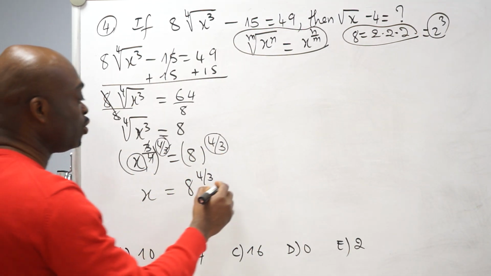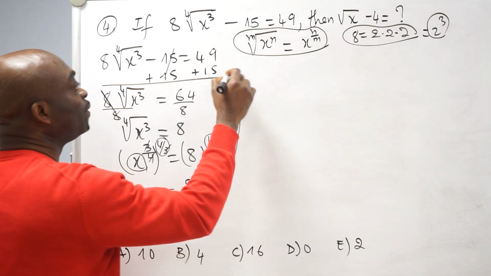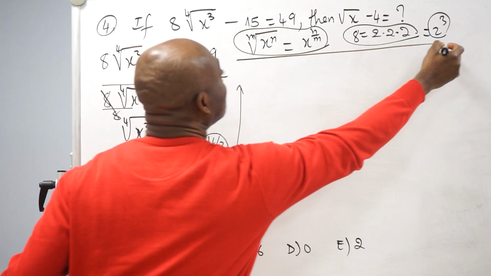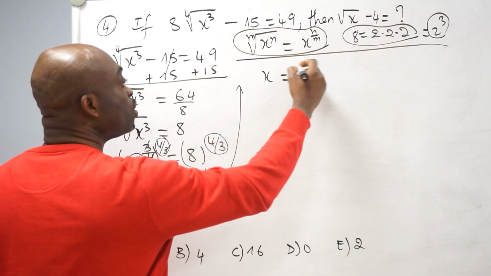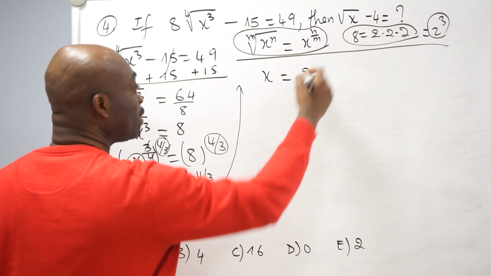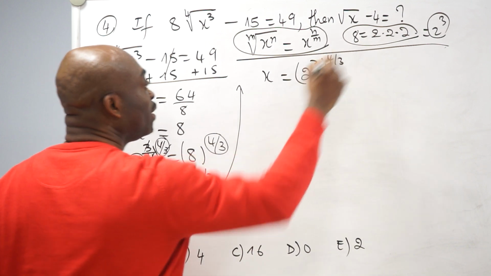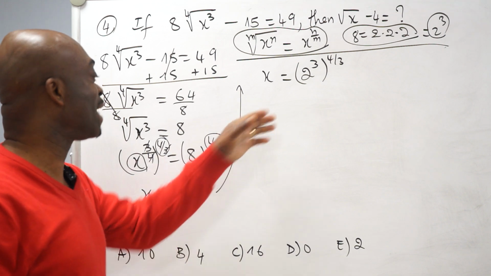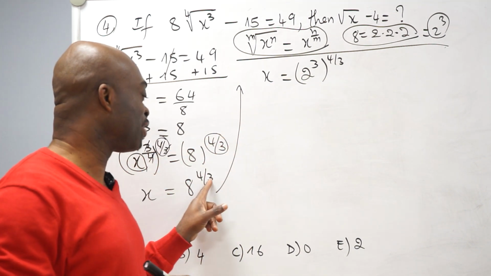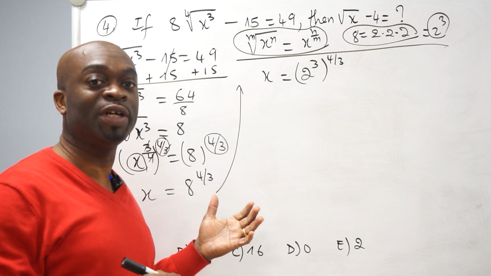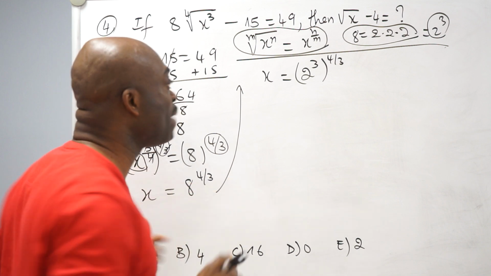So we have x equals 2 to the third power raised to the power 4 over 3. By the time you break it down, you have 2 to the third power. You should be very happy because you see that you have a denominator which is also 3. Both of them are identical, so you'll be able to do some operation here.